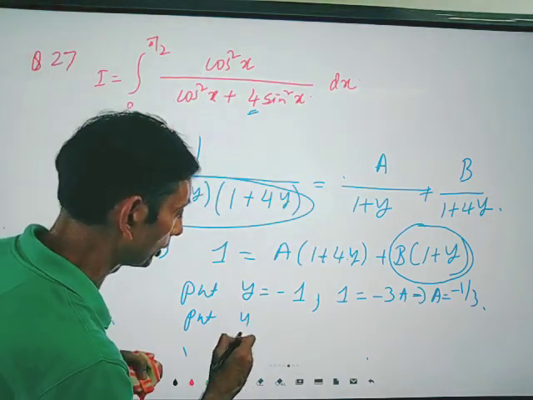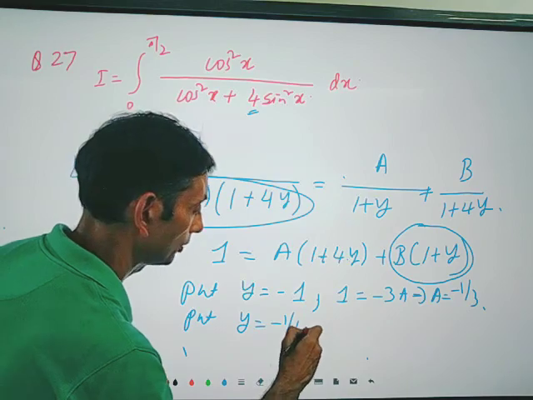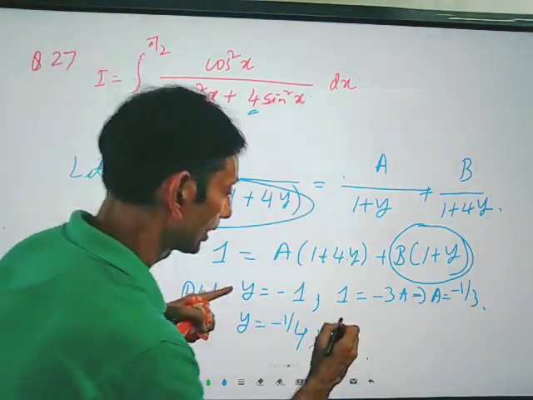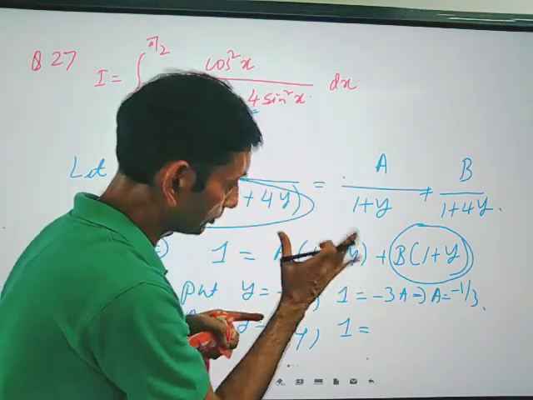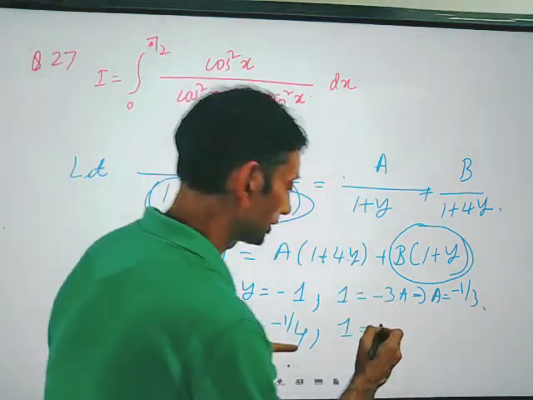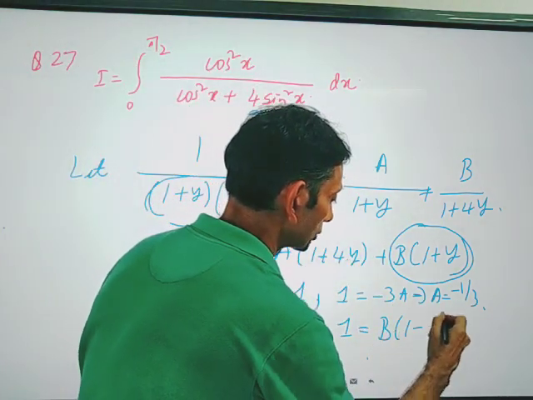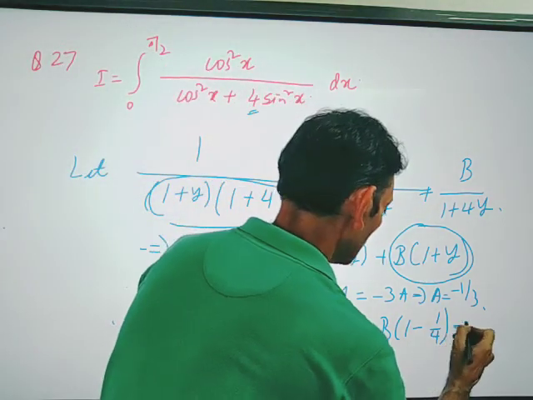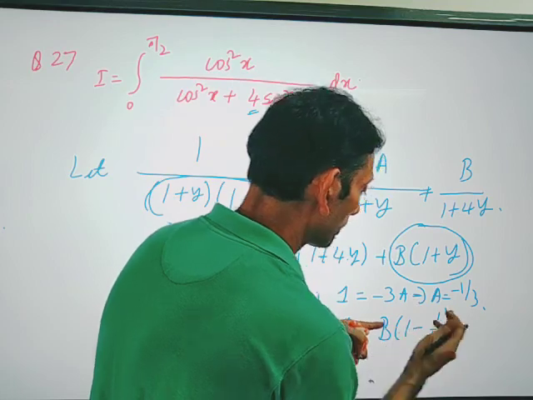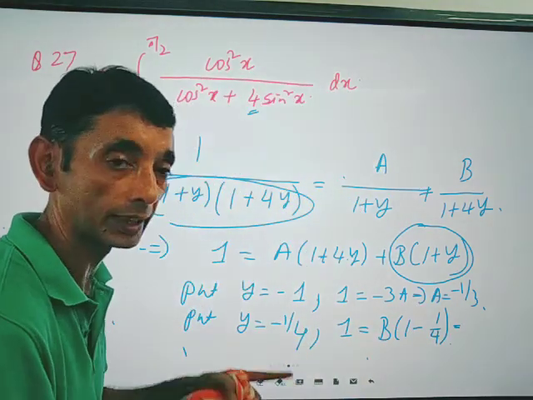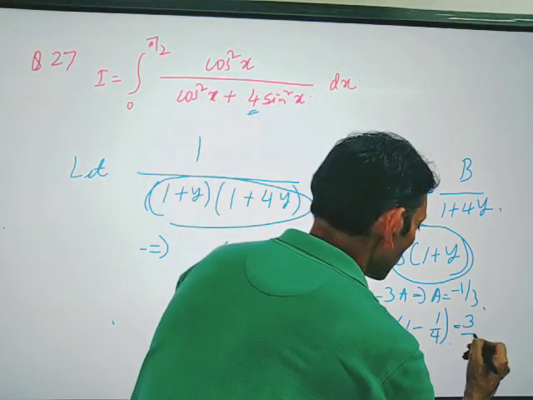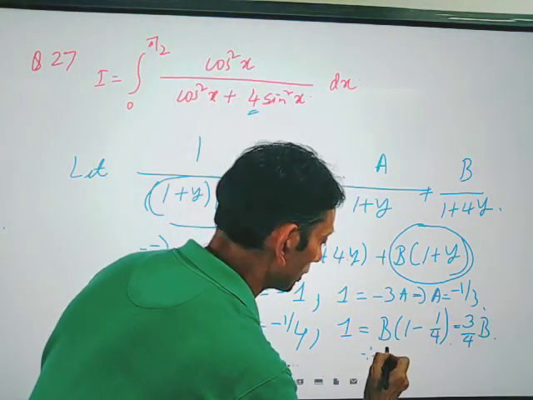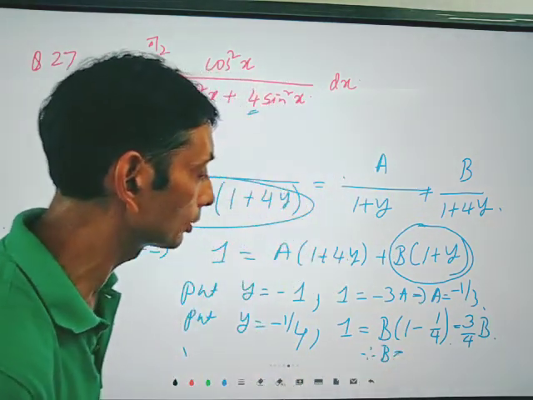The A term becomes 0, and we get 1 equals B times (1 minus 1 by 4), that is 3 by 4 B. Therefore, the value of B is 4 by 3.